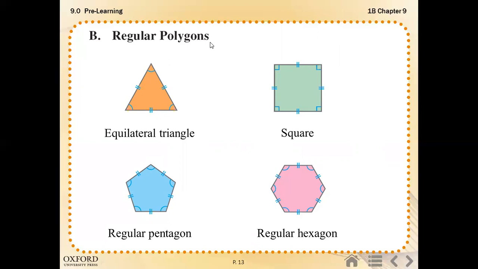Regular polygons are polygons that have all equal angles, the angles are all equal, and all equal lengths. All their sides are equal. So if a polygon is equiangular and equilateral, then the polygon is called regular.